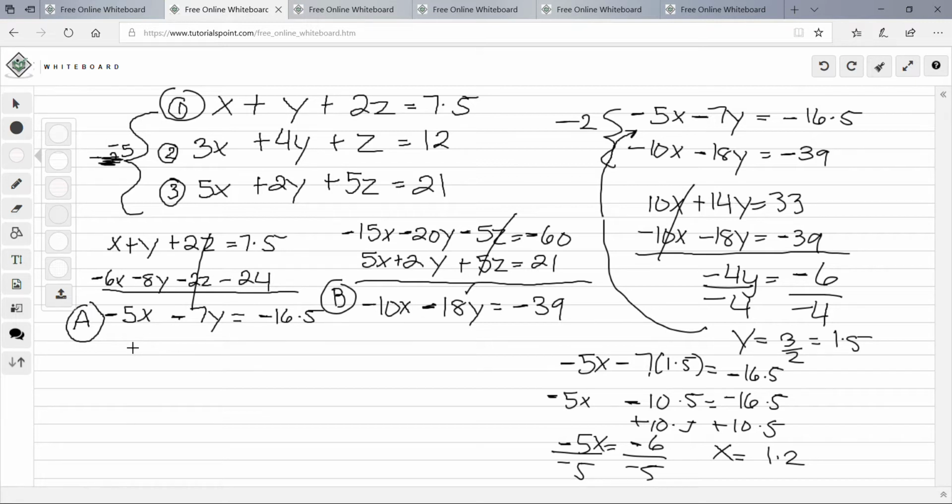So our x is 1.2 plus y is 1.5 plus 2z equals 7.5. 1.2 plus 1.5 is 2.7 plus 2z equals 7.5. Subtract 2.7 from both sides.